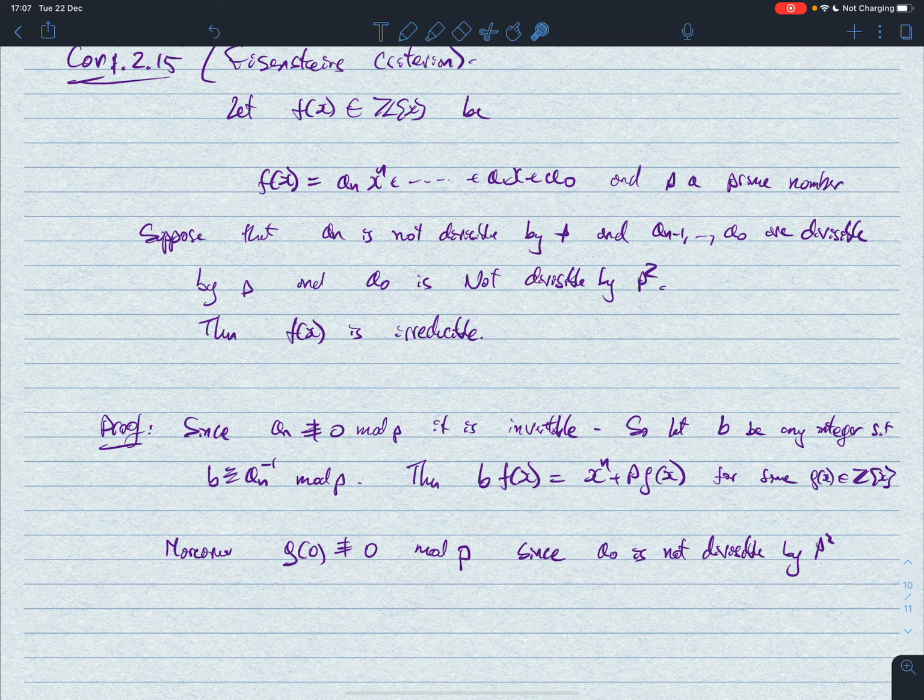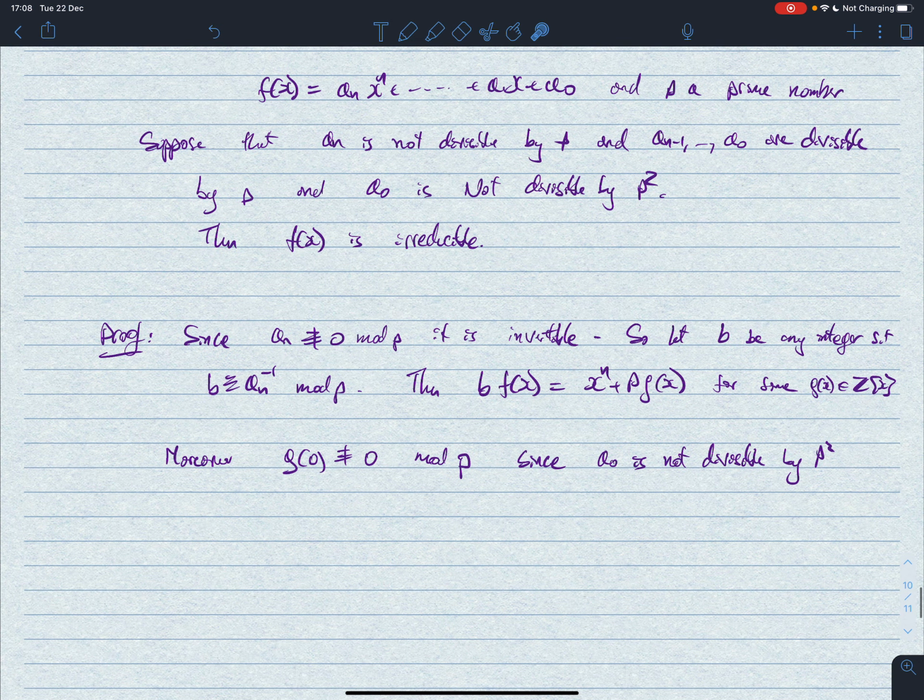If, when I plug in 0, this thing was 0 mod p, then b times this polynomial would be 0 mod p squared, which would mean this a_0 would have to be 0 mod p squared. But that's not true because it's not divisible by p squared.